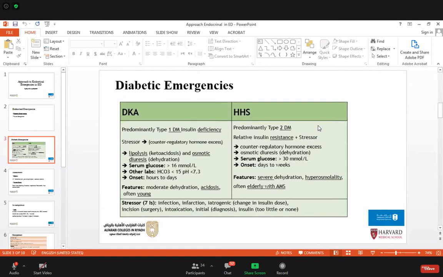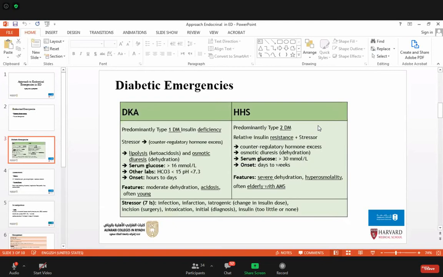When the fat tissue is broken down to generate energy, you will get ketones in the blood. And the last thing is acidosis. The pH will change accordingly because you're using ketones to generate energy, and the ketones will, sorry, decrease the pH, so you will have acidosis.